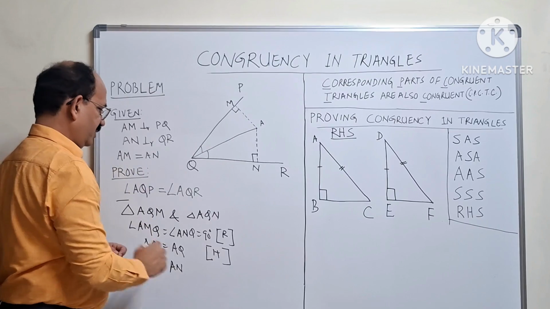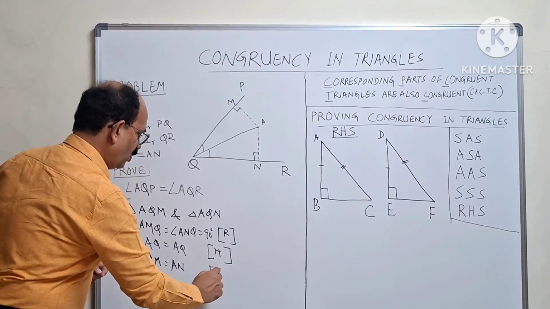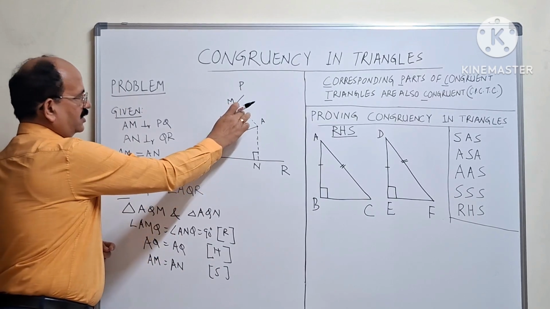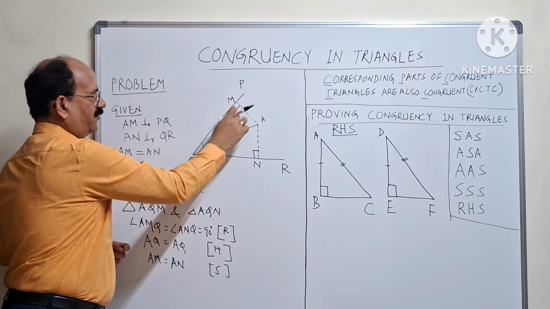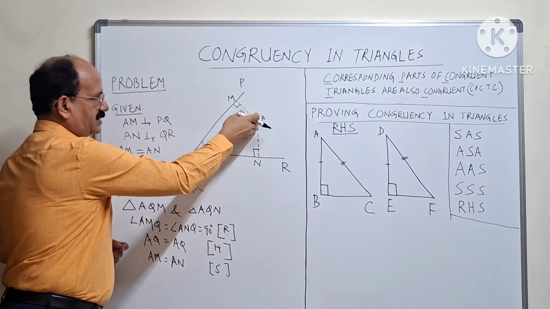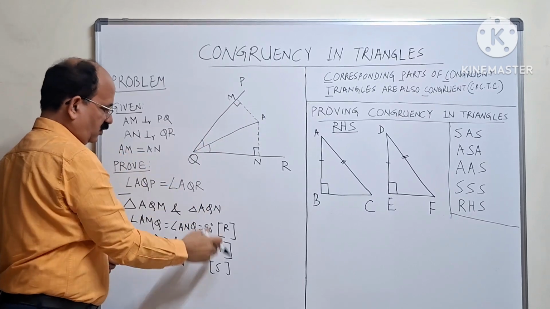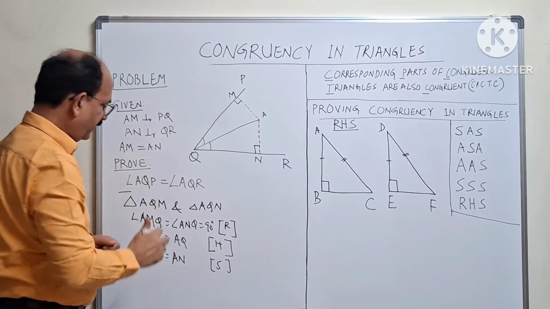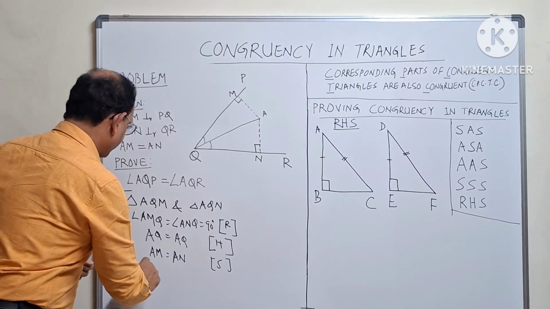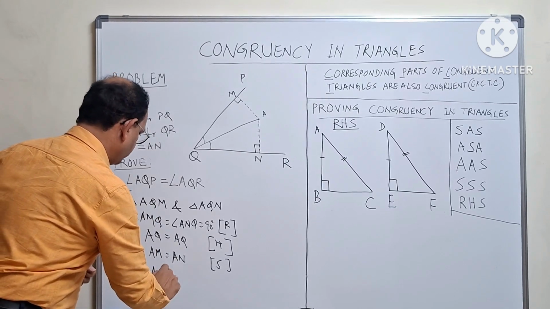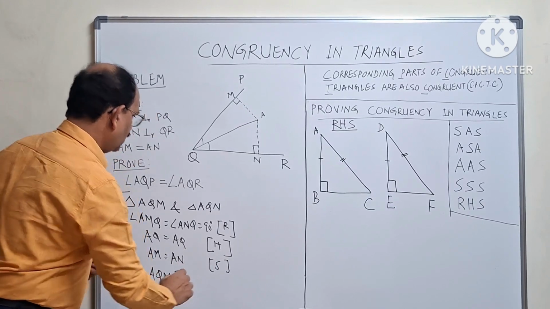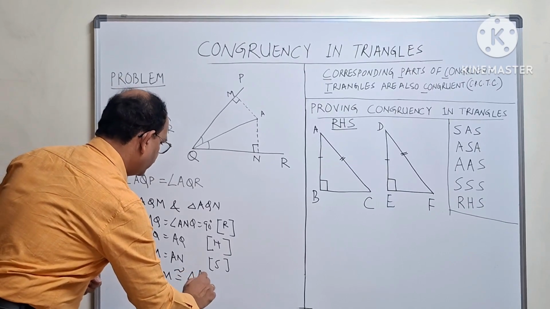This is given. So the S, that is one side, this AM is one side of AMQ, AN is another side of ANQ, and both are equal. So from that, the RHS criterion is established. Therefore, triangle AQM is congruent to triangle AQN.